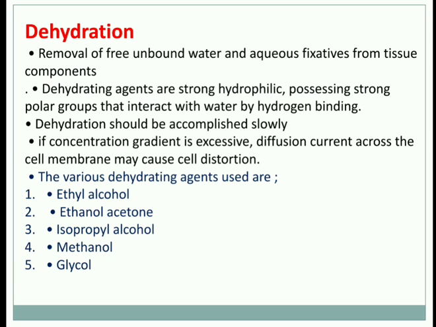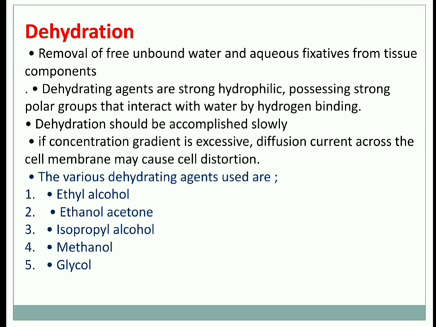After fixation is completed, we go for the dehydration process. Dehydration means removal of free unbound water and aqueous fixative from the tissue components. Dehydrating agents are strongly hydrophilic in nature. Dehydration should be accomplished slowly. If the concentration gradient is excessive, diffusion current across the cell membrane may cause cell distortion.